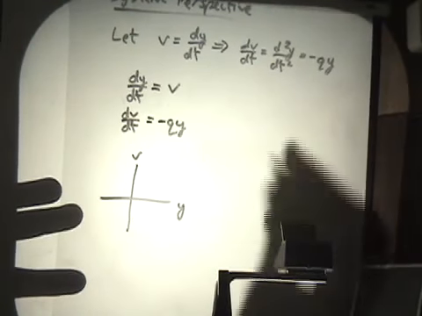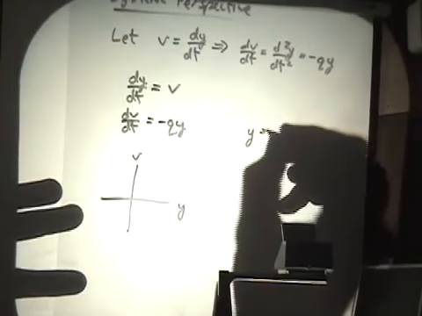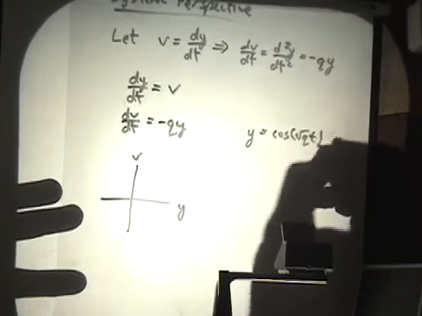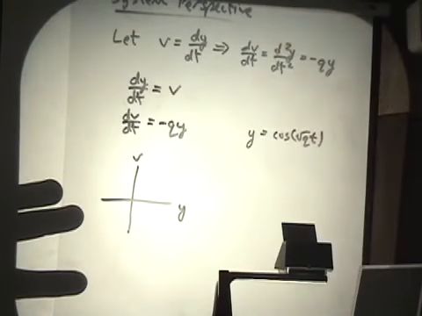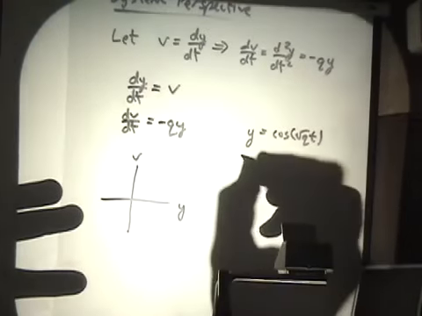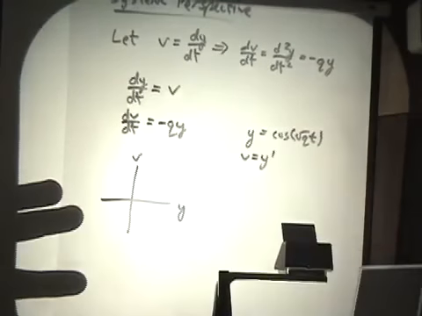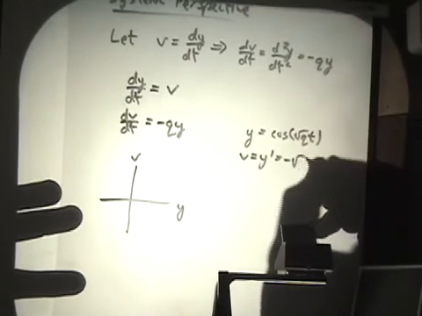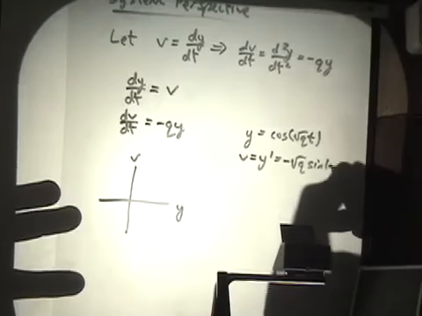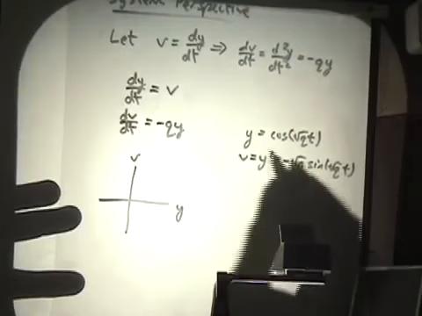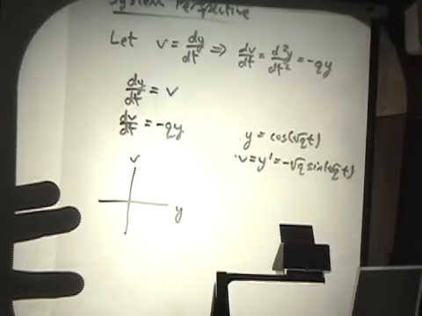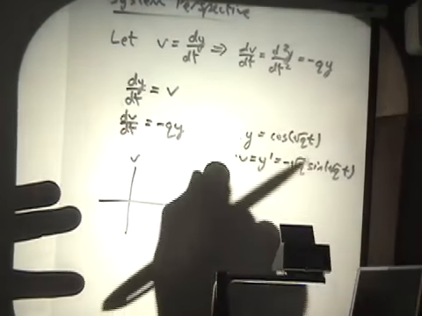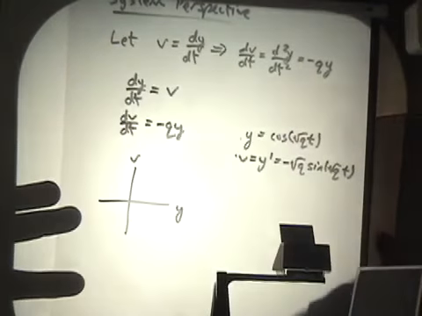And, well, if we think about the particular solution we found from that initial value problem, y equals cosine of square root of qt, we can find v for that particular y and get negative square root of q times sine of square root of qt. And then we can take these two equations, these parametric equations, which are solutions to the system, and by the way, you can check that it solves the system.